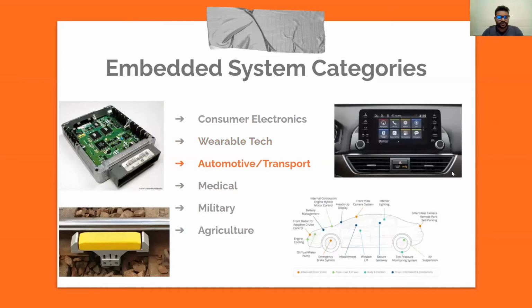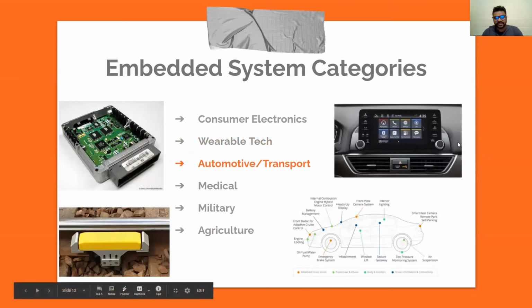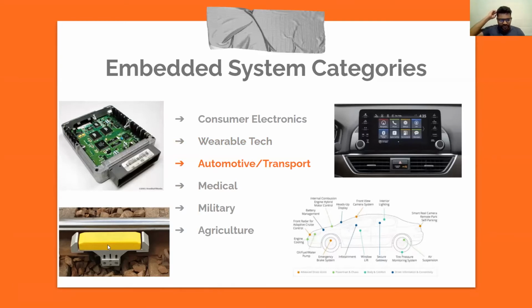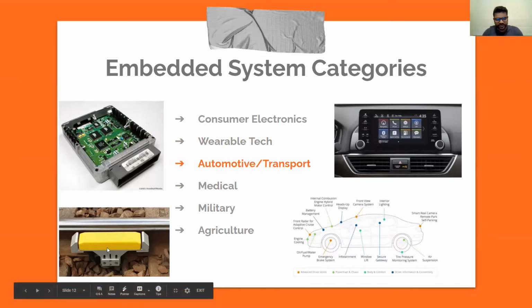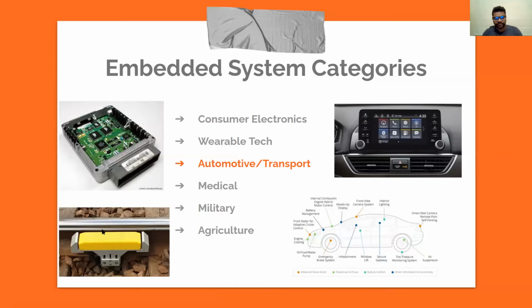And then automotive and transport. So this is an ECU, and these things are just infotainment. This is something that I actually worked on. The railway level crossing sensors, you might not see these things in Sri Lanka because we don't have automatic railway crossings, but in most of the other countries these are used.